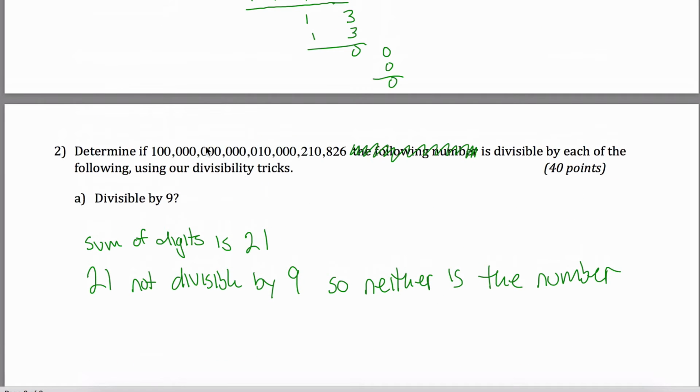Divisible by 11. So for 11, I need to sum every other digit. So this guy, oh, this is going to be obnoxious. This guy, this guy, this guy, this guy, this guy, this guy, this guy, this guy, that guy, and that guy. If I sum up all those numbers, I think I have a 1, a whole bunch of zeros, a 2, so I'm up to 3 now, and 2 more gives me 5.